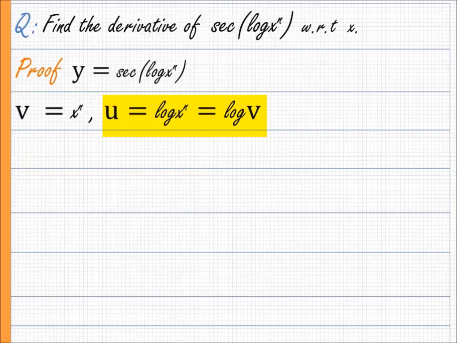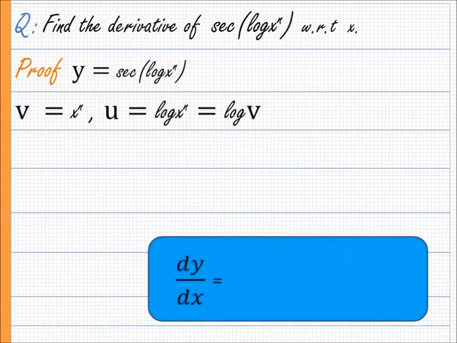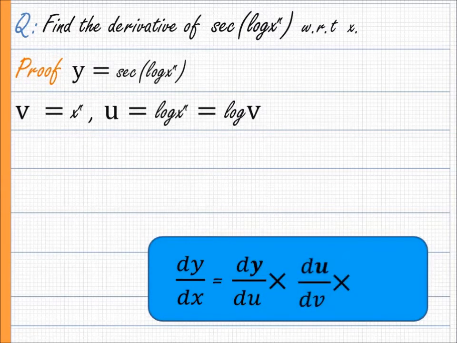In the first function, y is equal to secant of log of x raised to power n, and in the second function v is equal to x raised to the power n, and in the third function u is equal to log of v. And here we have to find the derivative of y with respect to x, or dy upon dx. And as per the chain rule, dy upon dx is equal to dy upon du into du upon dv into dv upon dx.